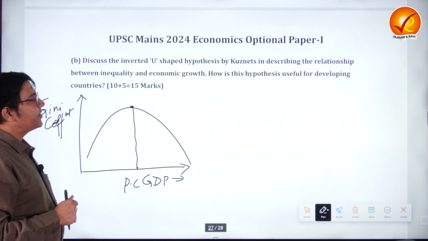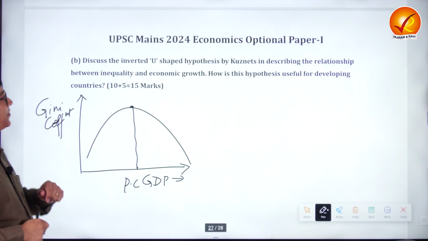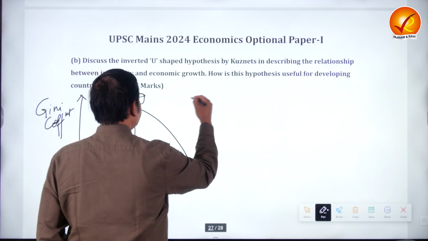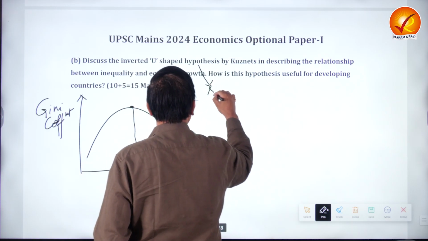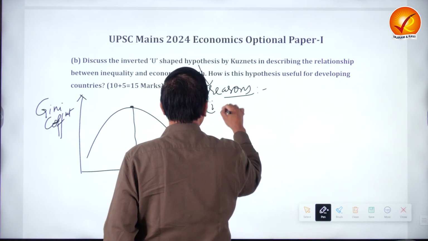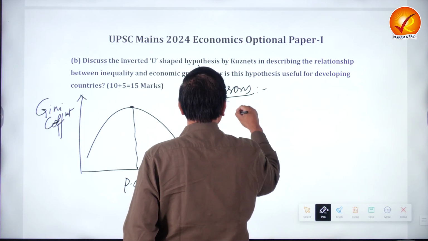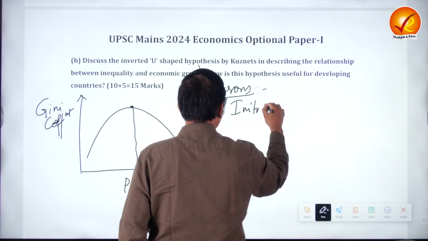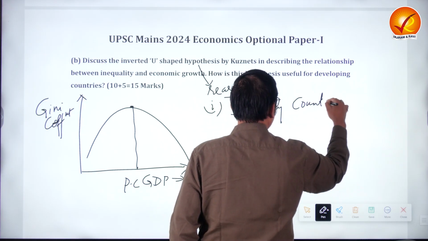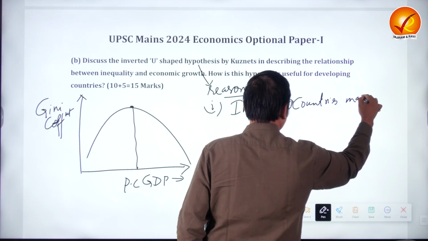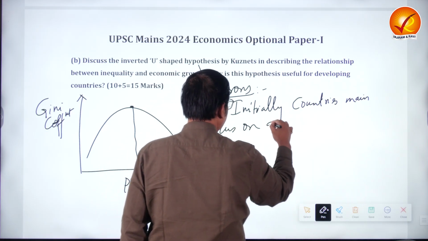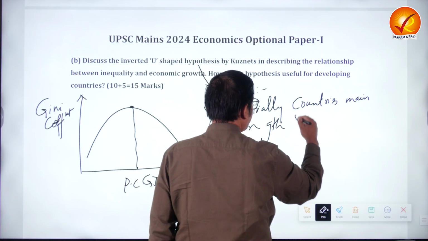What was the logic given by Kuznets? Because the 10 marks is for first part, you have to explain why it is the case. Kuznets claims a number of reasons for that. Reasons like initially the country's main focus is on growth and not distribution.